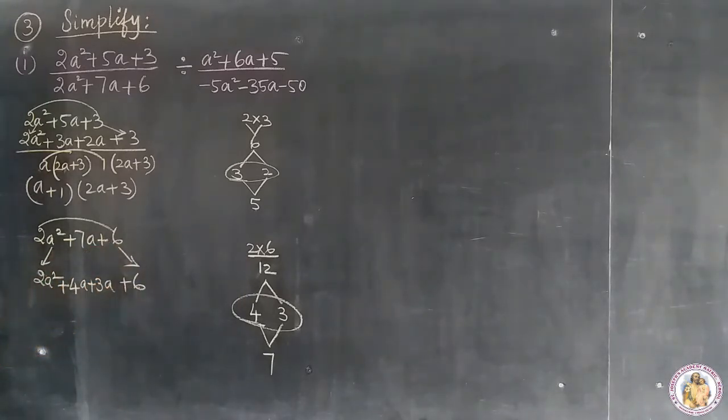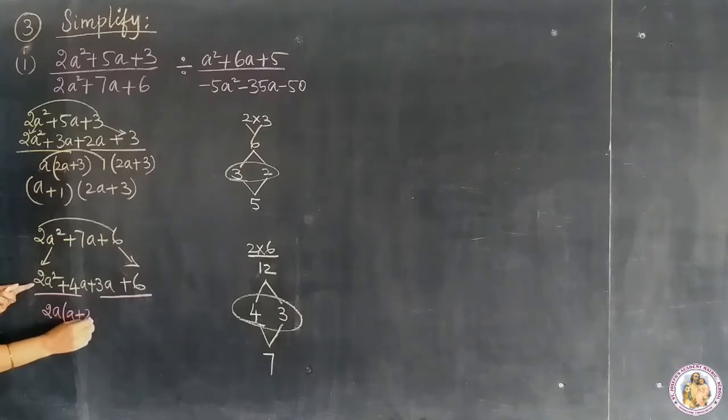Now split the term, first 2 and last 2. In the first 2 we have 2 as a common factor as well as a. So taking 2a outside the bracket, 2 into 2a into a, that is a square, 1 2s are 2, so 2 into 2, 2 2s are 4a.